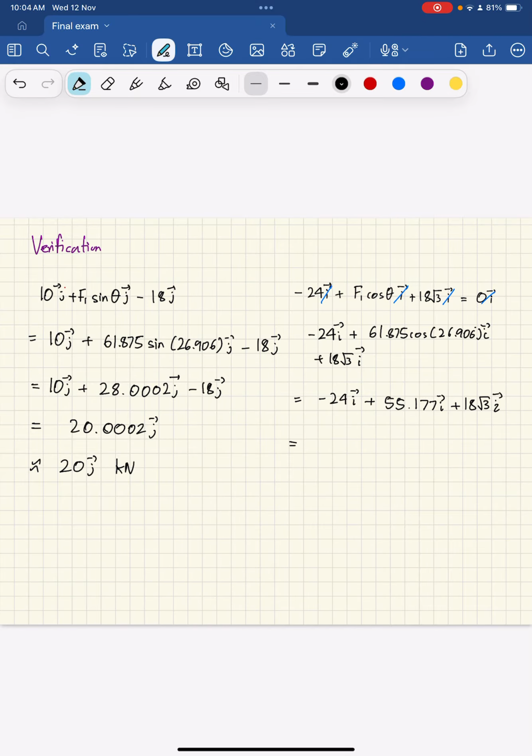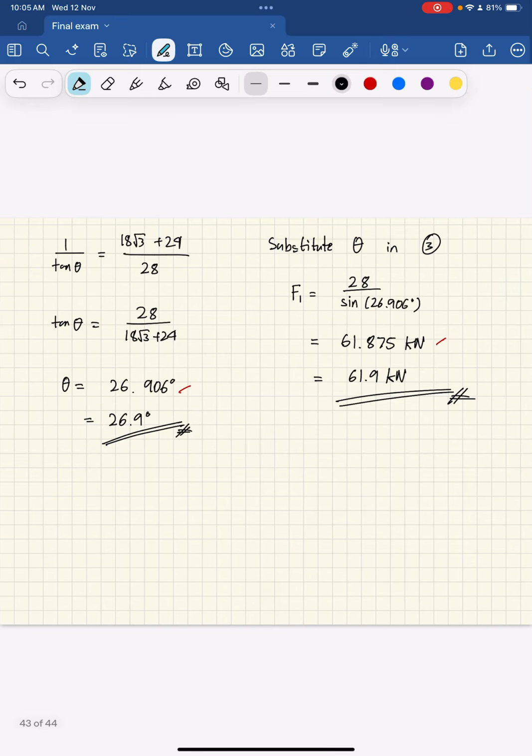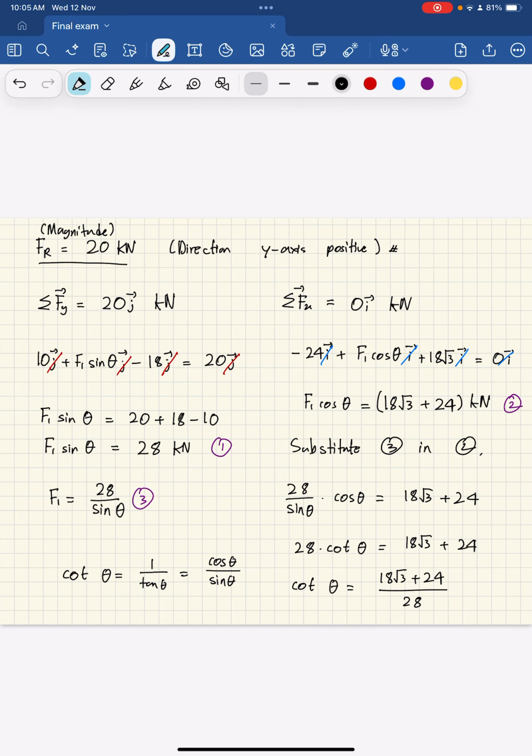Wait, hold up. 5 cosine 26.906 minus 24. Wait, let me just double check here. Let me see if it's right or not.